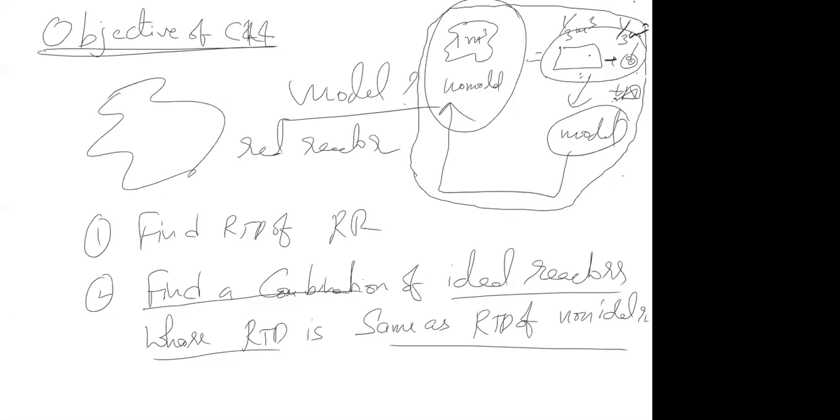No. Suppose the first problem we started in chapter 4: a first order reaction, PFR volume is 2600, CSTR volume is 4000. Suppose somebody comes up with a reactor and says my volume is 3000. How do you say it is the best? When you compare 3000 with the 2600 of PFR, you can say this is not the best. It is a better reactor, but not the best reactor.